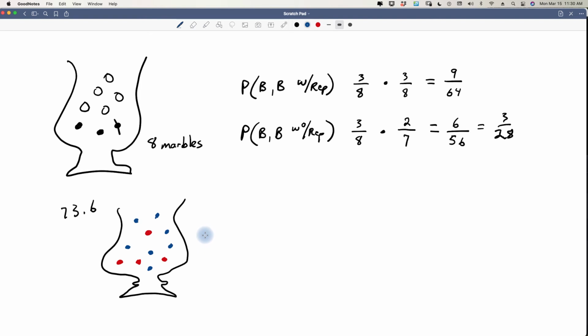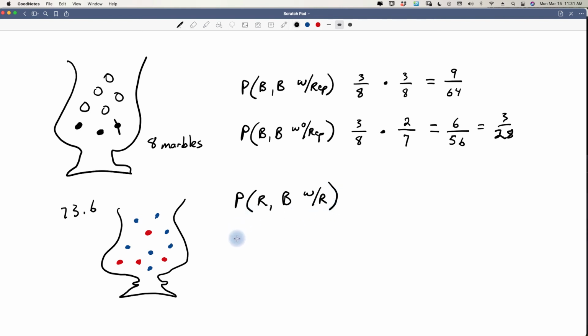We are going to figure out the probability that the first marble is a red and the second one is a blue, and this is going to be with replacement. Okay?